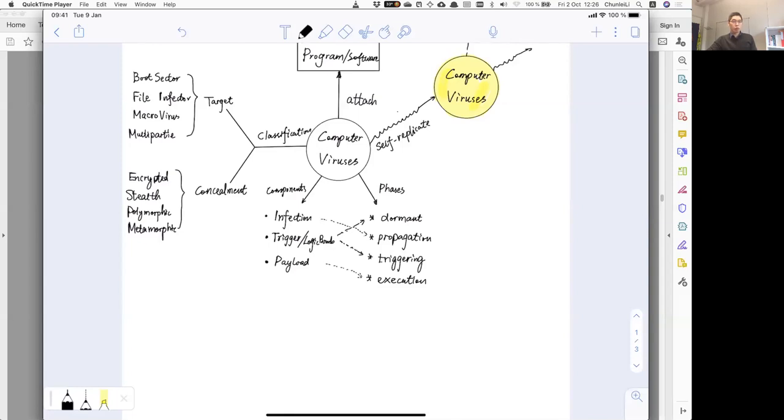So to capture essential features of some malwares, if it has this functionality of self-replication, then it satisfies this feature. If a malware does not have self-replication function, then we cannot call it a virus. So it's like a basic feature of computer virus.